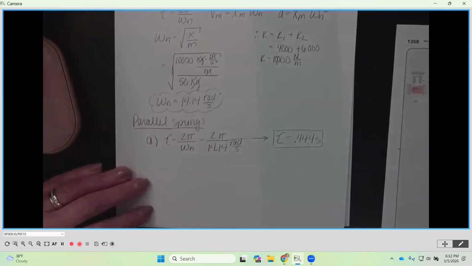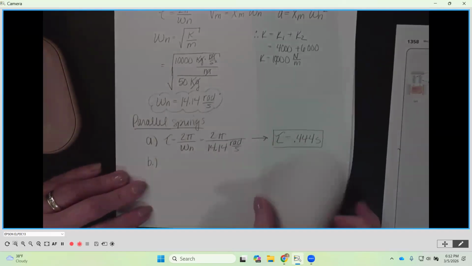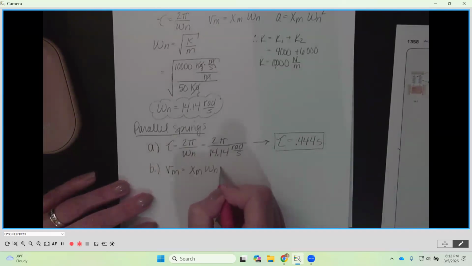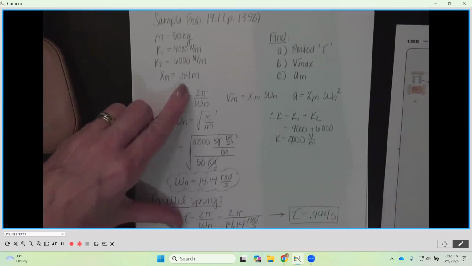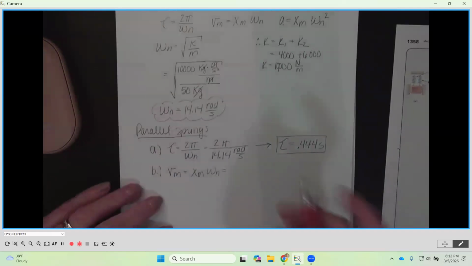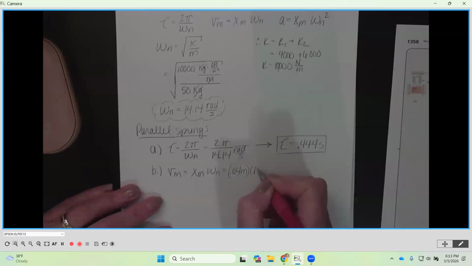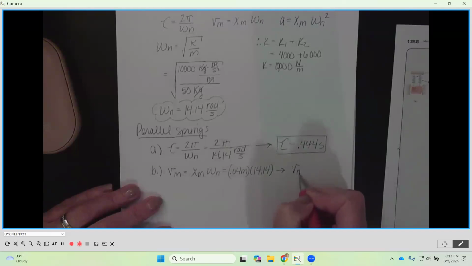Then the next thing that we're going to find is our maximum velocity. Our maximum velocity is going to be that amplitude times the natural circular frequency. So that's going to be equal to 0.04 meters times our 14.14. Our maximum velocity, what you got?